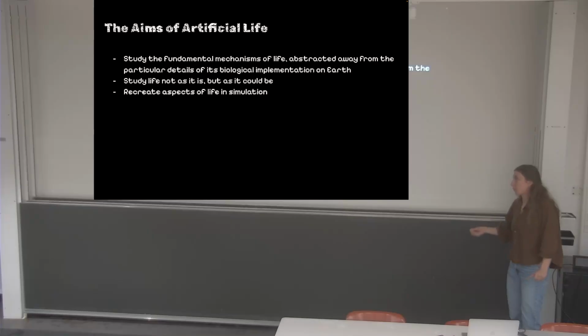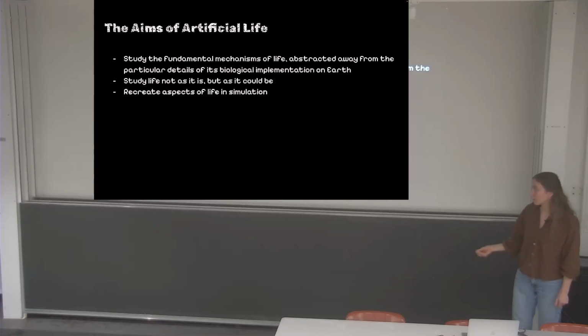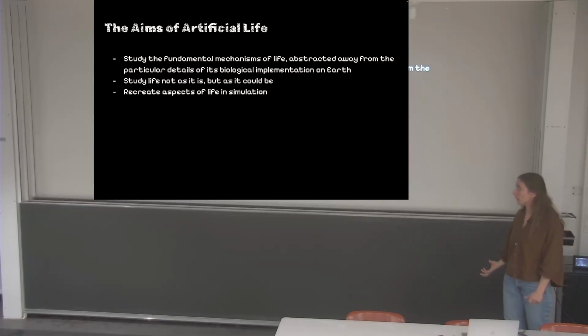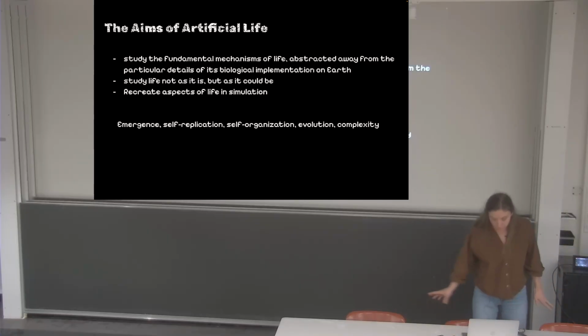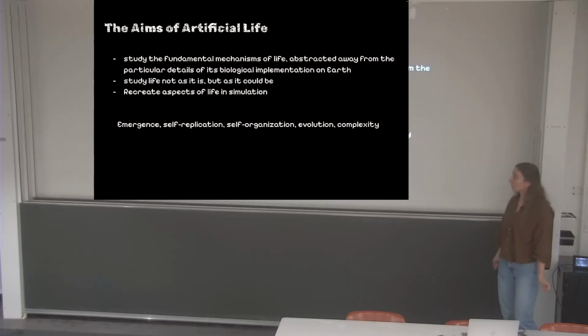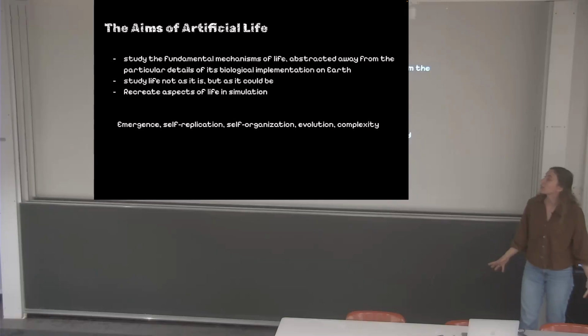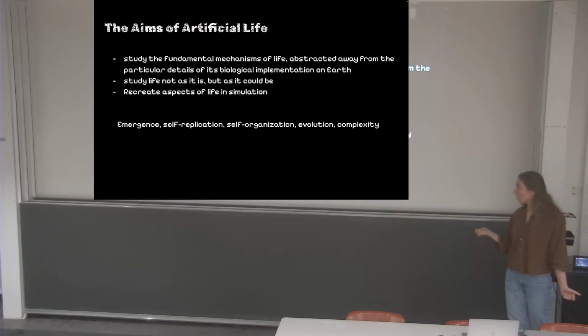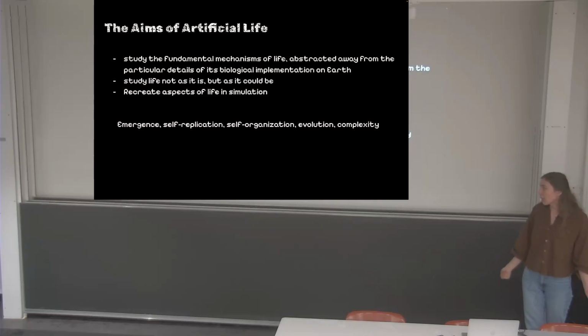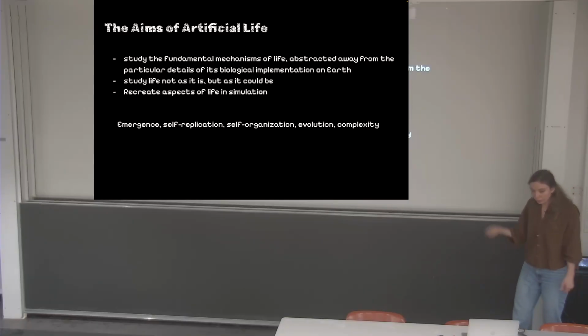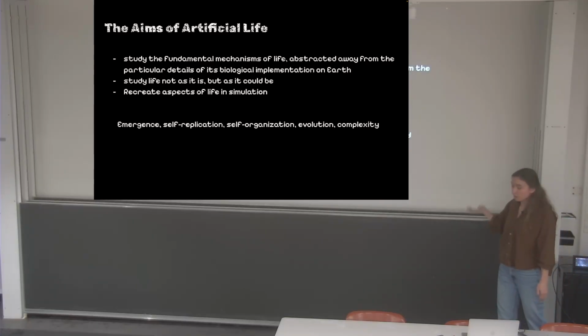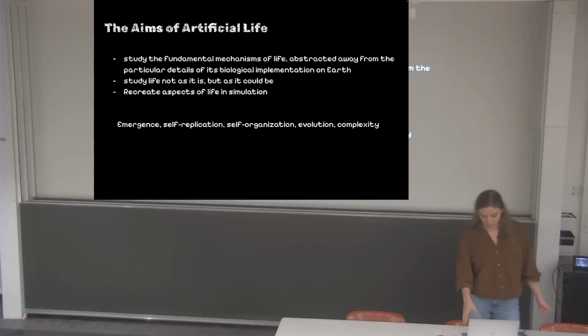And a central feature is that we try to recreate aspects of life in simulation. And these aspects are deeply related to the notions that we discussed before, such as emergence, self-replication, self-organization, evolution, and complexity. And the central problem is that these notions are still not rooted in mathematical definitions.